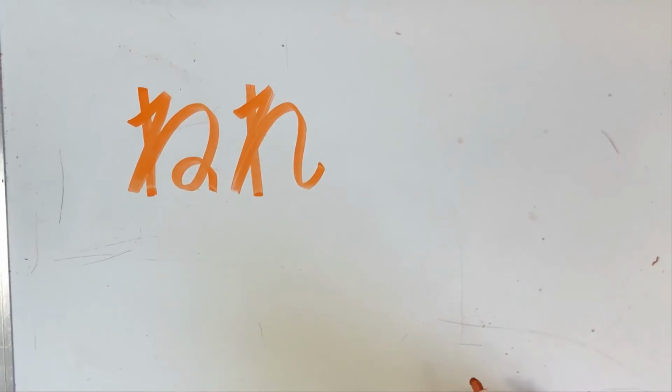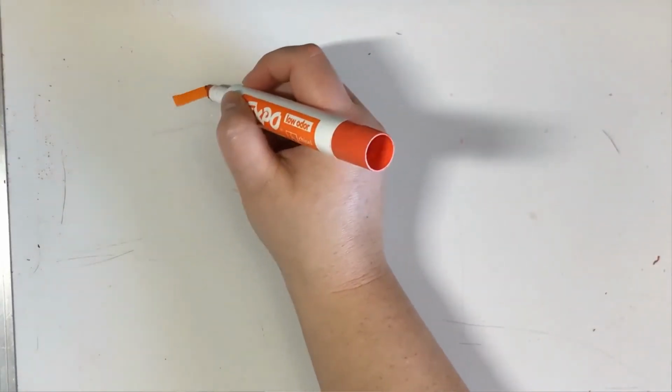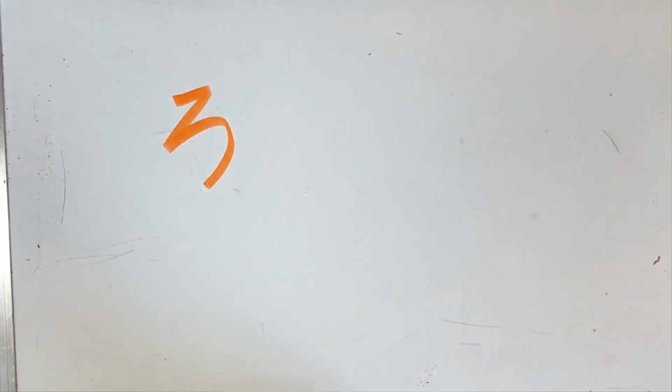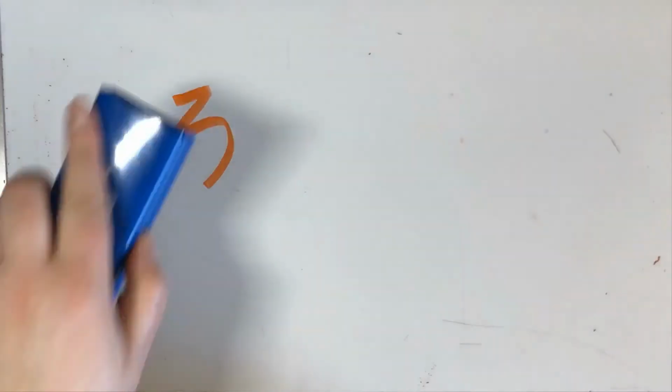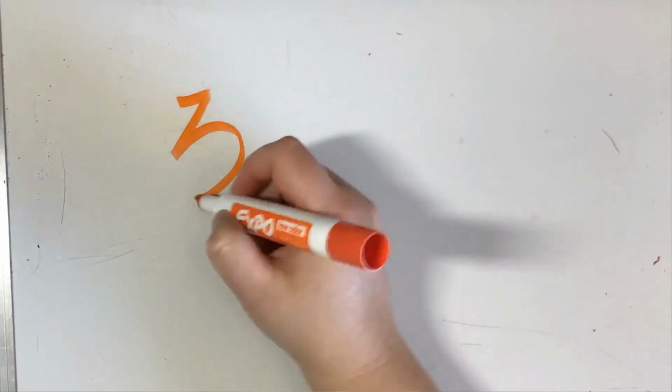And then ro is very similar to lu in that it basically looks like kind of an odd shaped number 3. So we go across, left to right, down, and around. Try that again. Left, down, around.